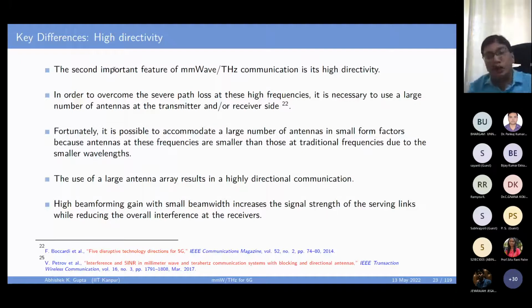So overall, your signal strength improves. And again, these beams are formed towards the serving base station, so the interfering base station gain does not increase. The serving signal strength increases, but the interference does not increase. So it's a win-win situation.